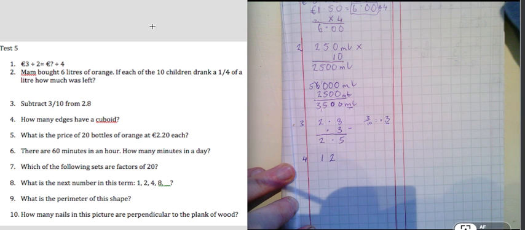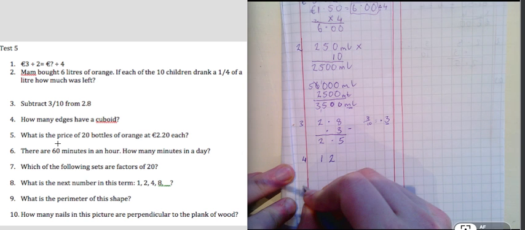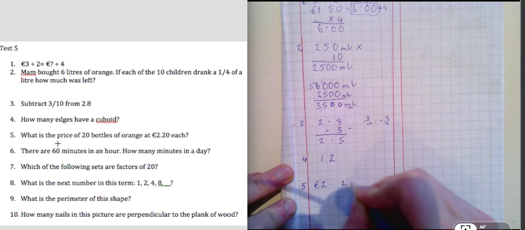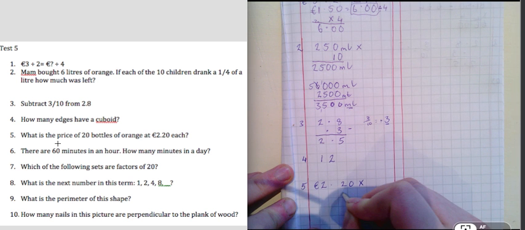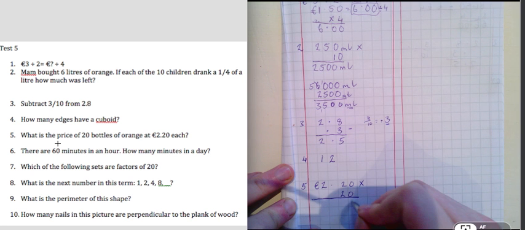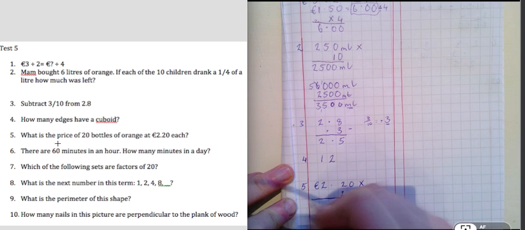Okay. Question number 5. What is the price of 20 bottles of orange at €2.20 each? Multiplying by 20. You can just write down your 0, because if we keep on writing down 0 down here and multiply, it's just going to give us all zeros.